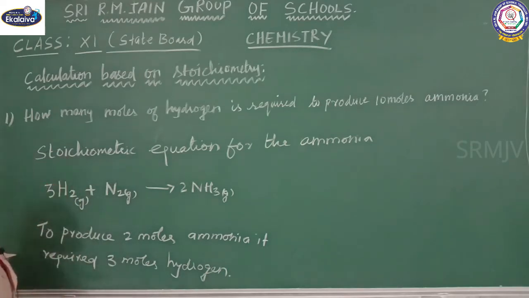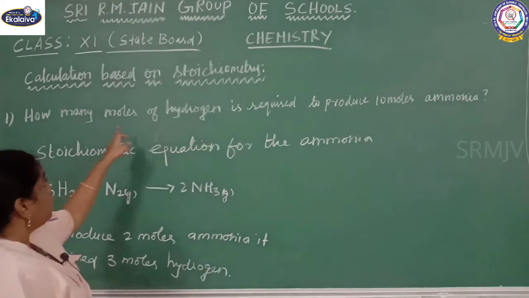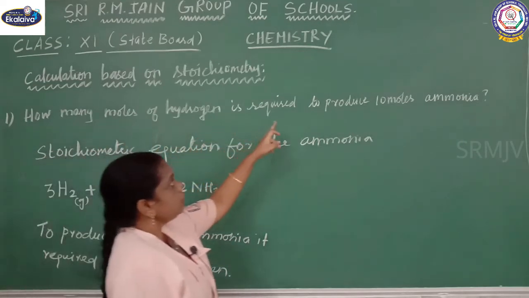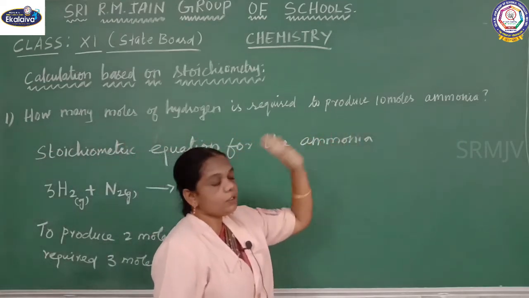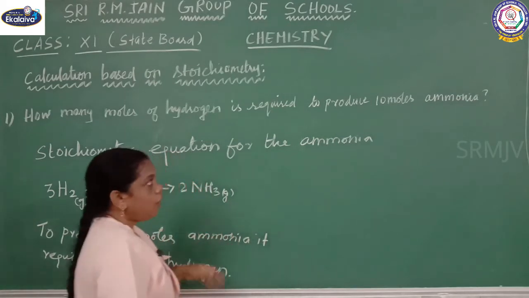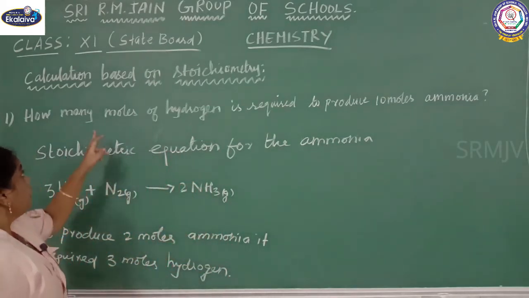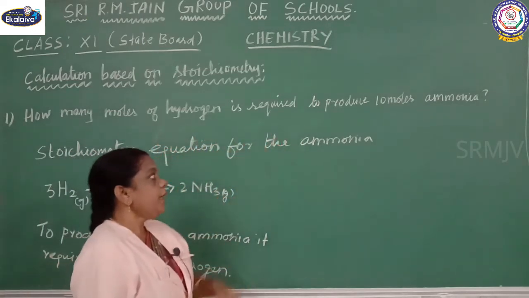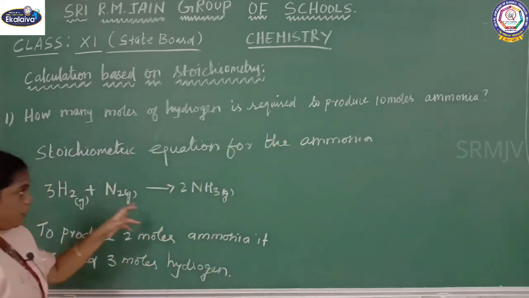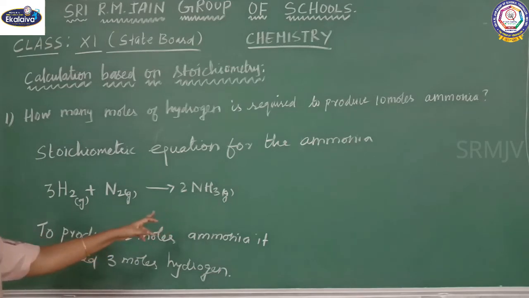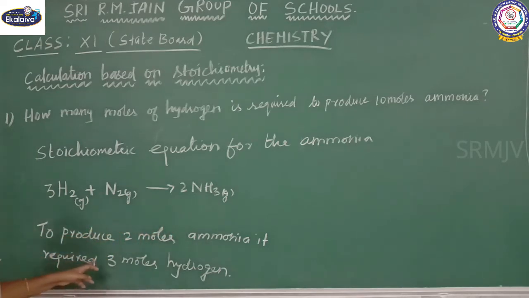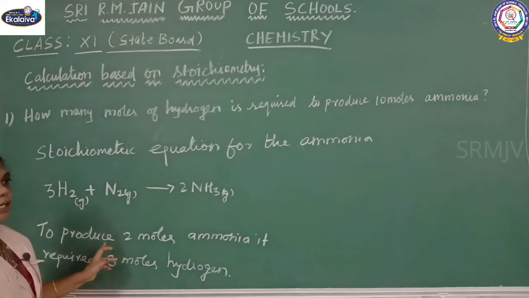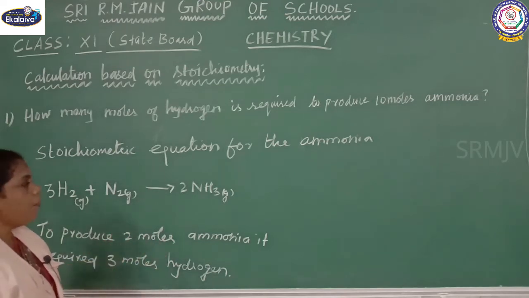So now we want to calculate the number of moles of hydrogen needed to produce 10 moles of ammonia. So what is the calculation? Based on the stoichiometric equation, 3 moles of hydrogen is required to produce 2 moles of ammonia.